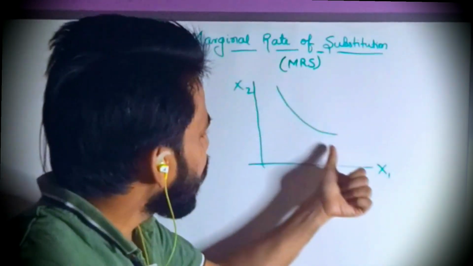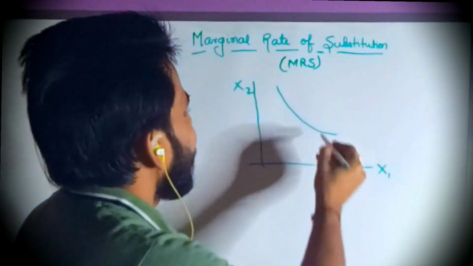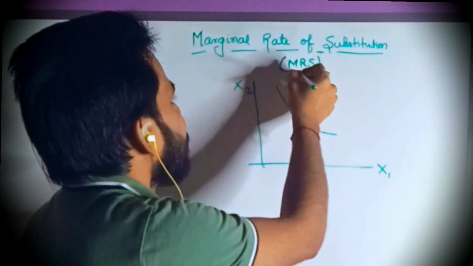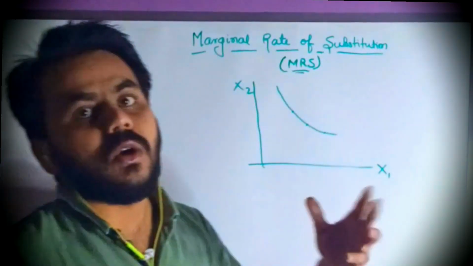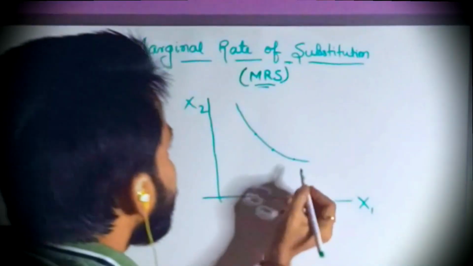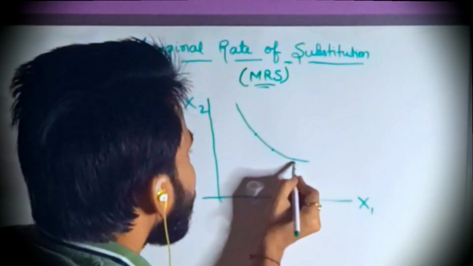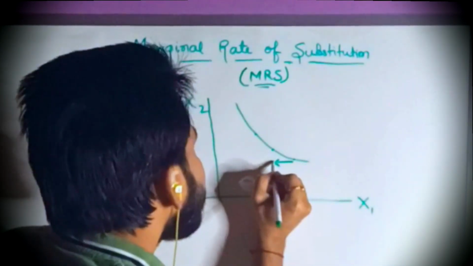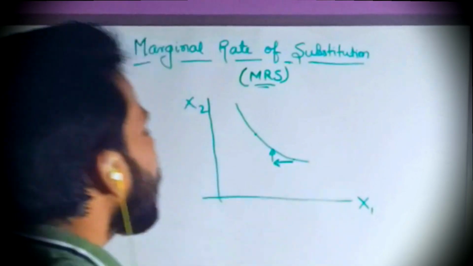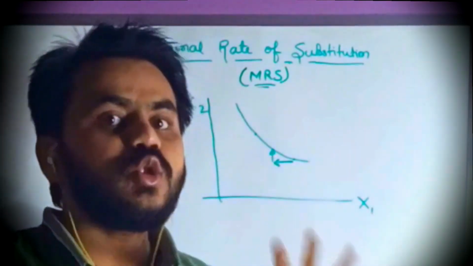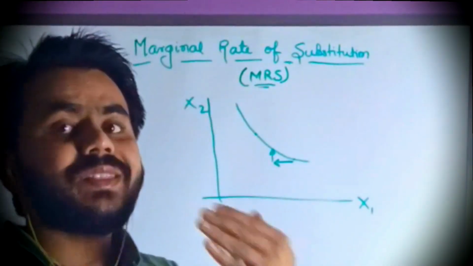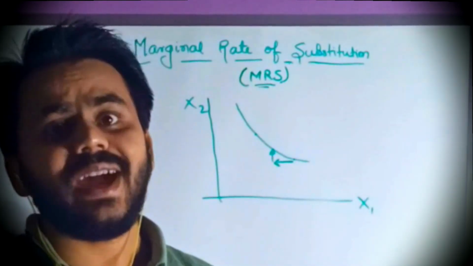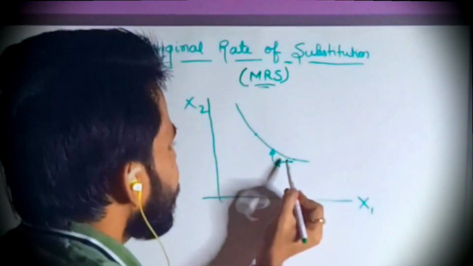So the slope of this indifference curve at every point is known as marginal rate of substitution, or MRS. So if you give up a small amount of good 1, you have to be compensated with a small amount of good 2, so that you remain on the same indifference curve and you are as well off as you were before.